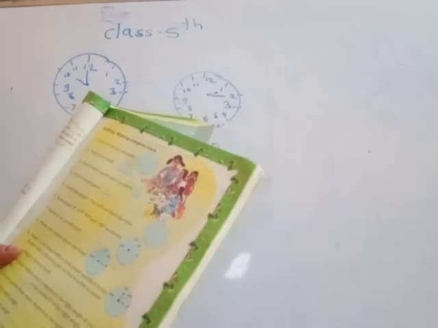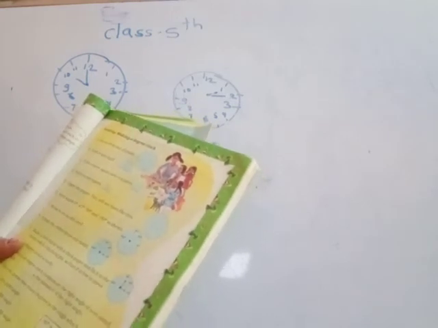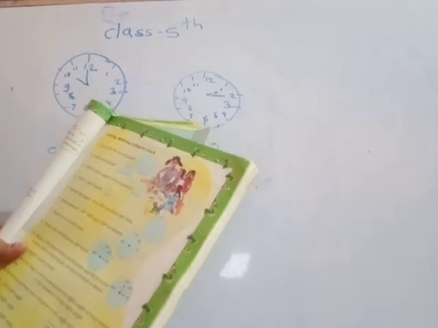Then the next activity: making a degree clock. Cut a circle out of paper.